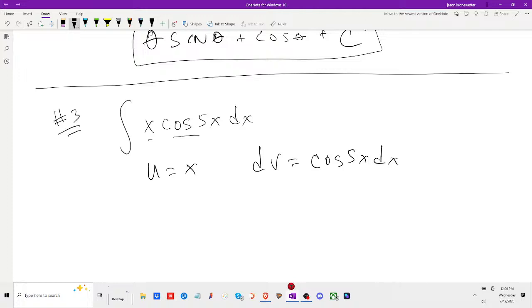Remember, you need to account for everything. So I have accounted for everything: I've got the x and I've got the cosine 5x dx. Over here, we take the derivative and get du, which is 1 dx, or just dx.